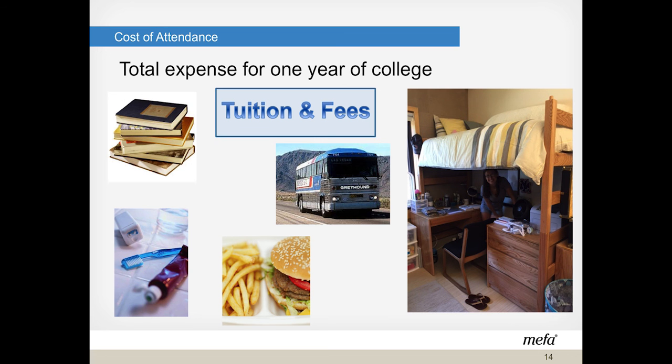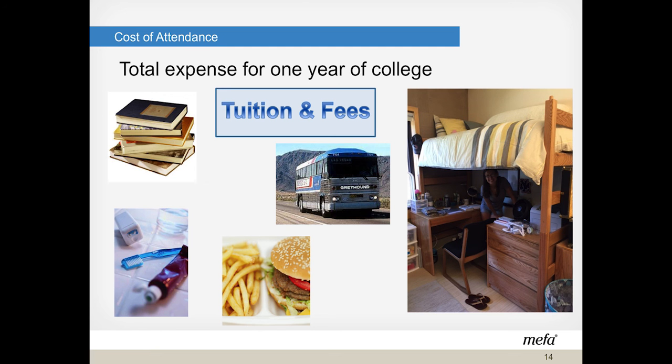Cost of attendance was at the top of that formula. Every college and university has a cost of attendance, and this is the cost of 1 year at that college or university. Every college and university has a different cost of attendance because colleges cost different amounts. Some colleges cost more than others, as you know.